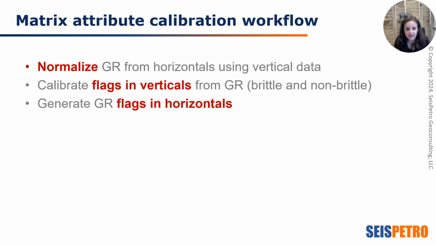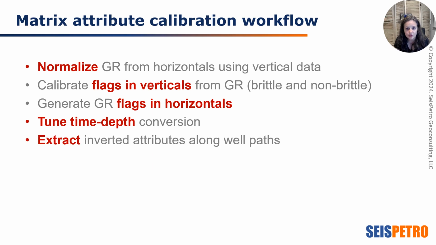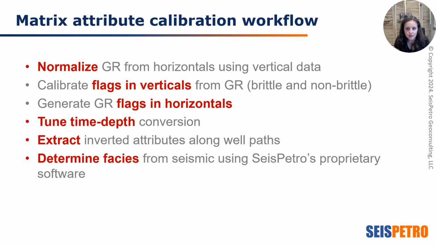We then generate the facies flag in horizontal wells using a gamma ray cutoff, and we then tune the time depth conversion to extract the inverted attributes along well path. This way, we have at the wells level the facies and the inverted attributes from seismic. We finally determined the facies from seismic using SeisPetro's proprietary software, which was coded in GoCAD.